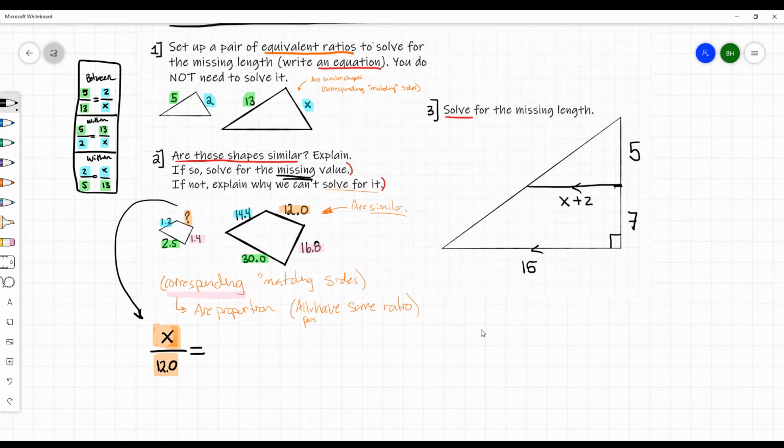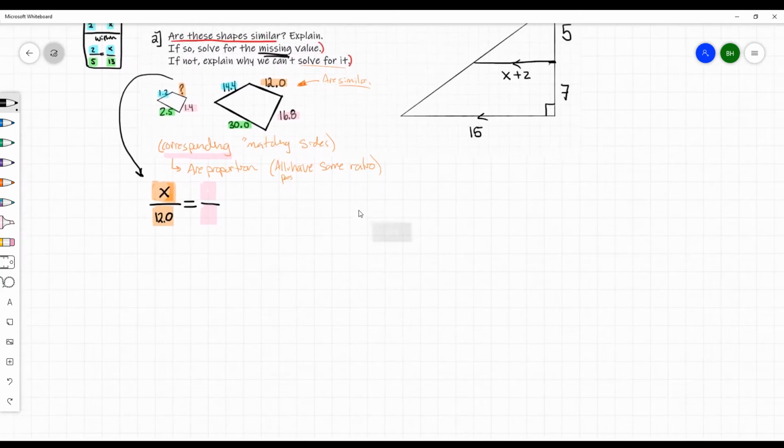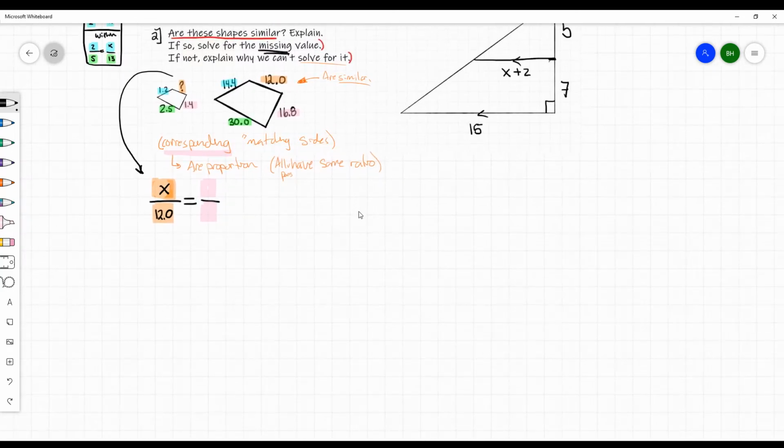Now, for the second fraction, or the second set of corresponding sides that we can use, we can choose any of the other combinations. So we can use pink if we want and represent a ratio like that. Or if we really wanted to, let me go ahead and come down here. If I were to rewrite this over and over again, we can use any combination of corresponding sides to help us solve for the missing side length.